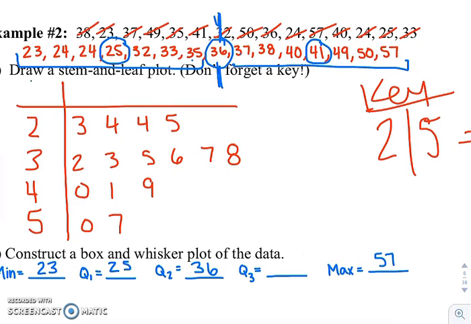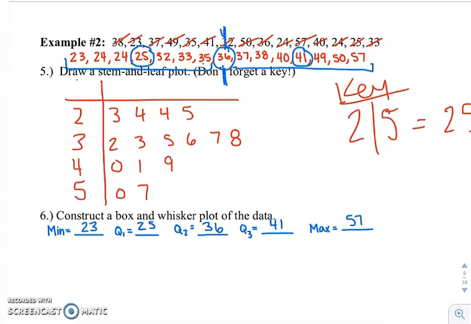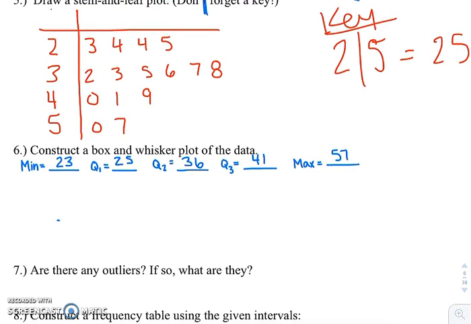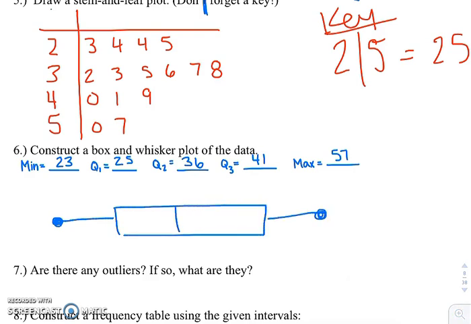I'm okay with not putting an entire number line here, guys. If you just want to put your whiskers and your box, that is fine with me. That's really the important part. It doesn't really matter what values are in between. We're just looking at those values at those key points.